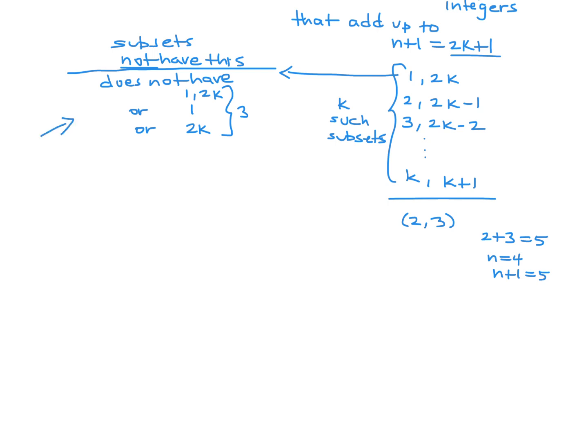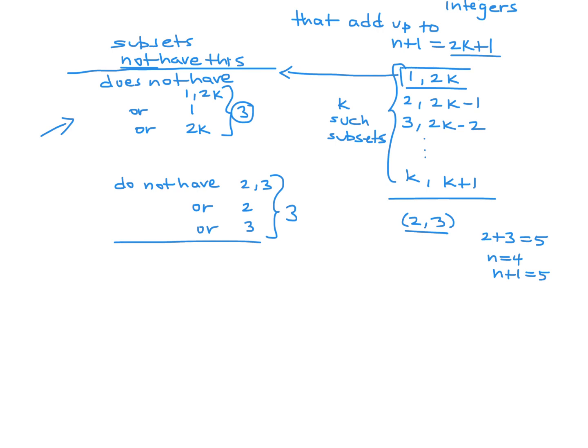So therefore, we would want subsets that do not have the 2 and 3, or do not have a 2, or do not have a 3. Because if they have both, they're going to be placed in this category. But if they don't have either one or both, they'd be put into this category. And therefore, that's 3. So for every one of these subsets, you're going to have 3 subsets that don't have those elements.